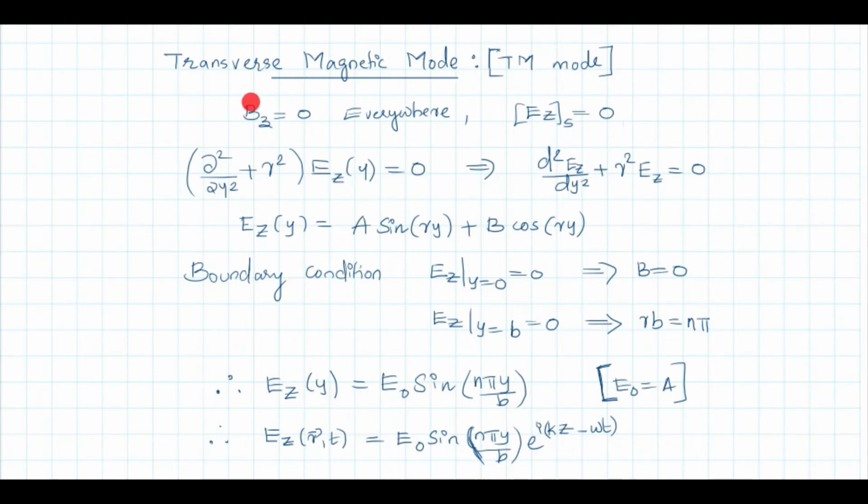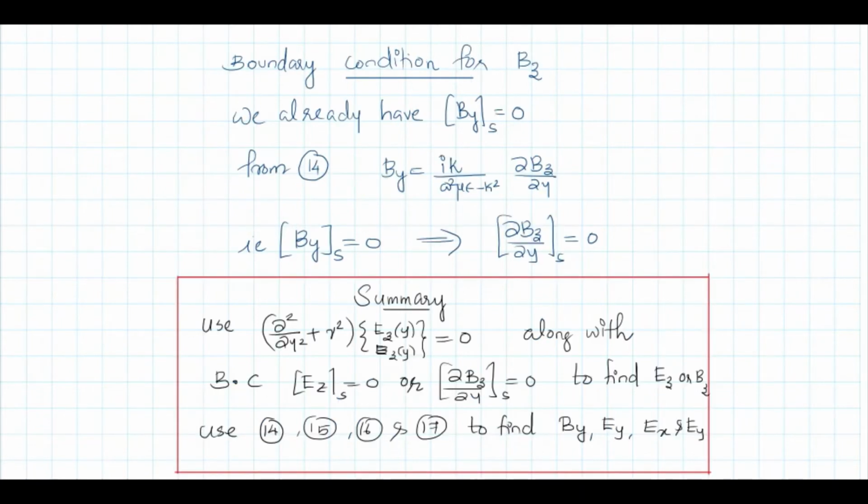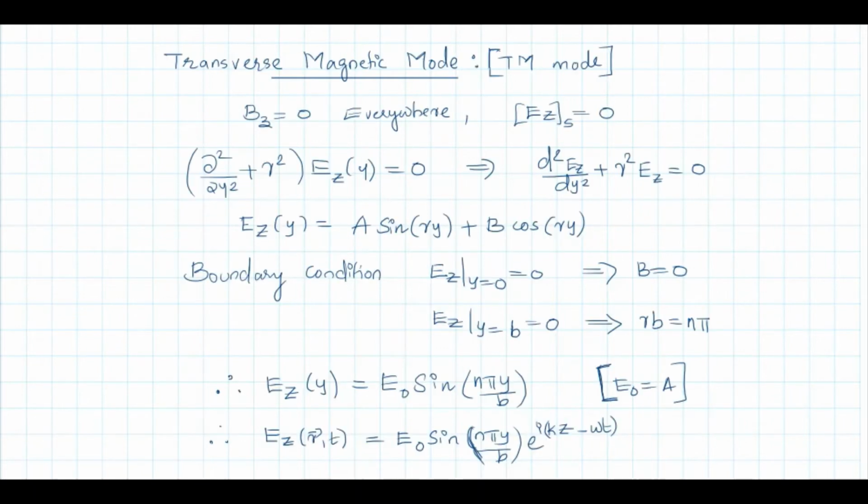Since we are taking Bz as 0 everywhere, we have only one wave equation: (dou square by dou y square plus gamma square) acting on Ez equal to 0, along with the boundary condition Ez at the surface 0.